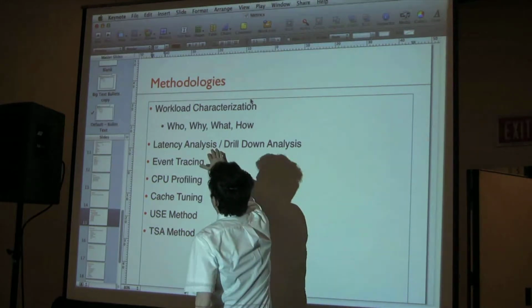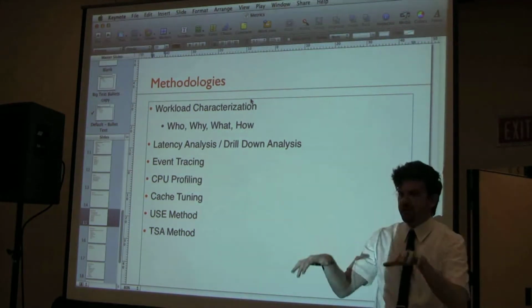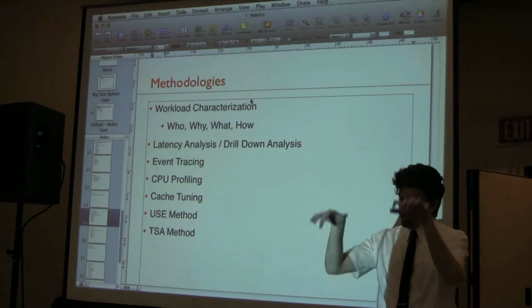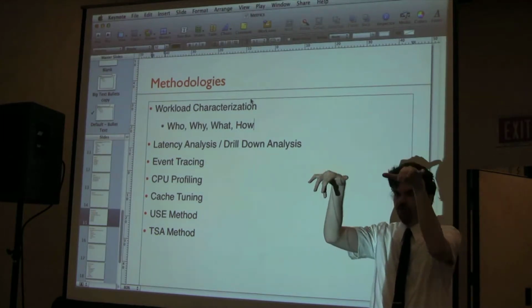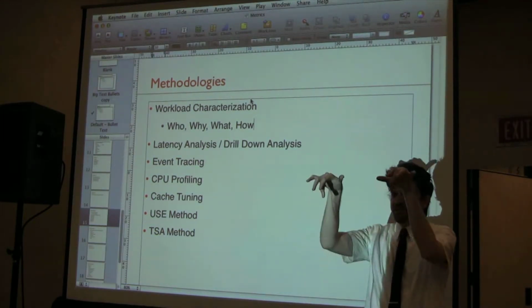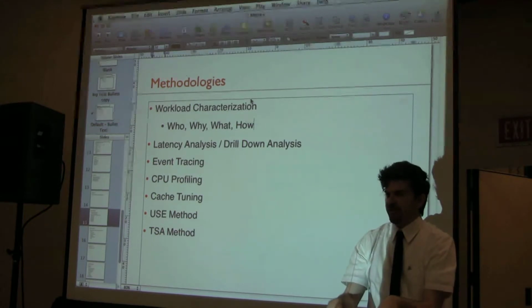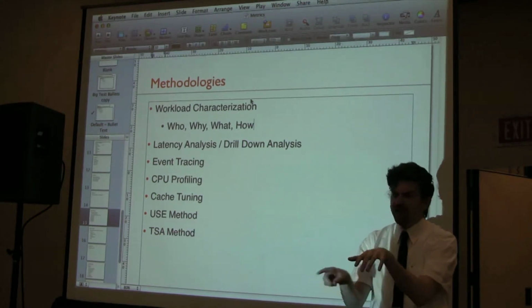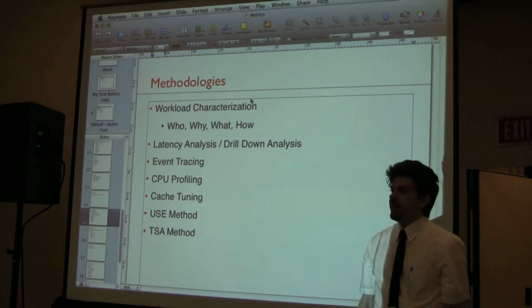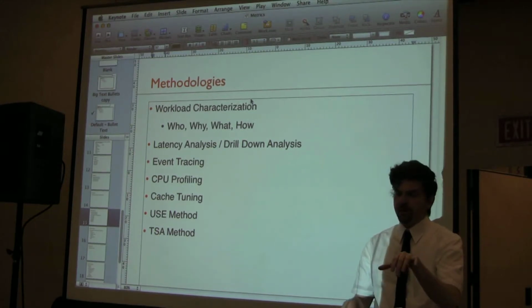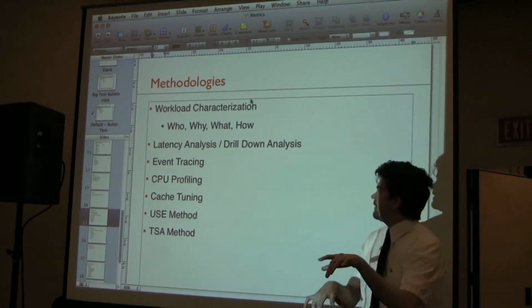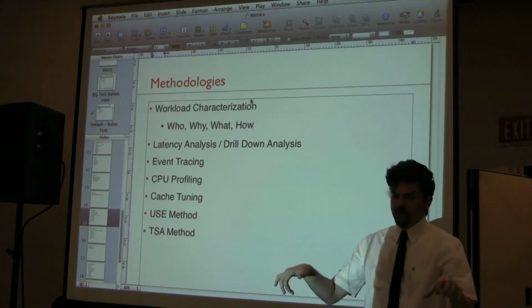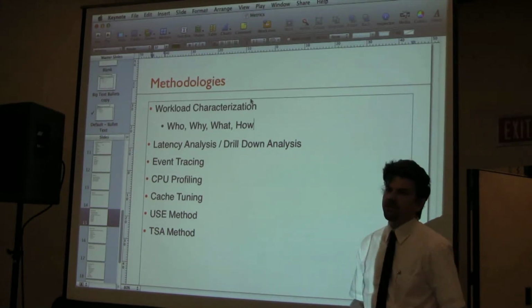Come up with that list, and now do it at the different components of your stack. For drill down analysis, I move down the components to see where the latency vanishes, and when it vanishes, I've isolated where I should start looking. If you have a distributed system, you can do something similar where I can correlate these latency metrics between components.